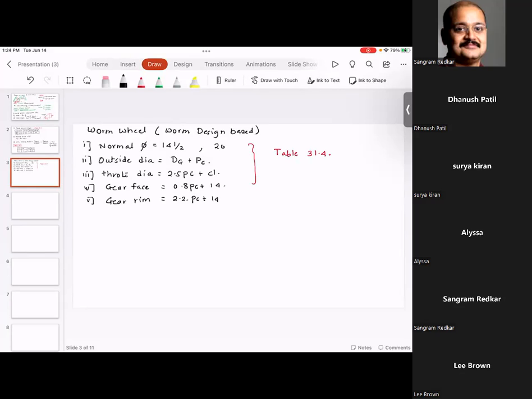Then, as I talked about in earlier slides, heat generation is a problem because the worm wheel drives are not very efficient. They generate a lot of heat. So we need to check for heat dissipation.